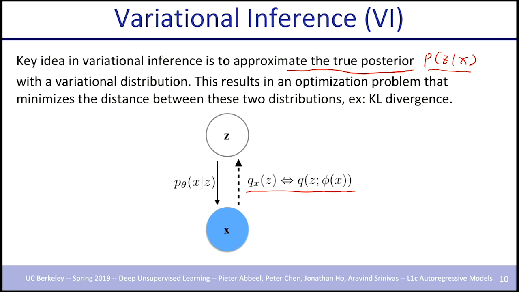We parameterize it this way, q sub x, because the approximation needs to be different for each data point x, since a different part of the latent space would have generated it. The core challenge is how to make my Q as close to the true posterior as possible.